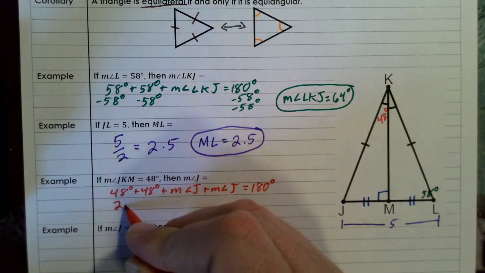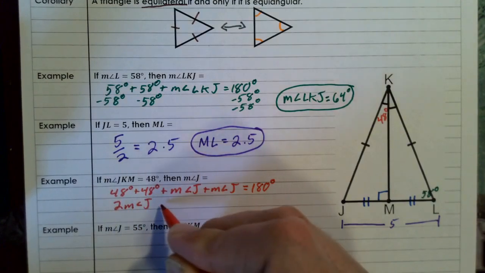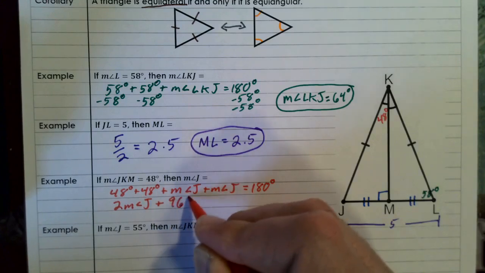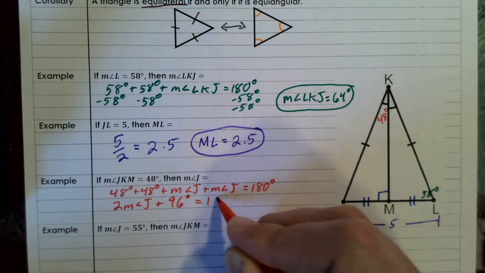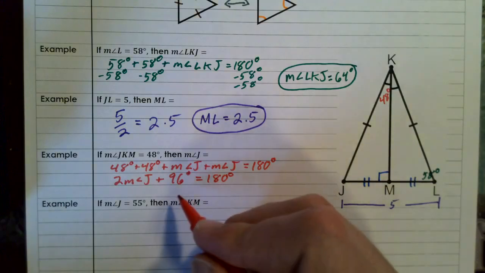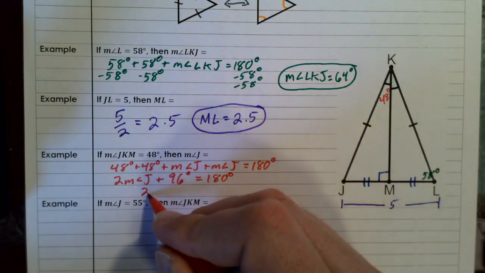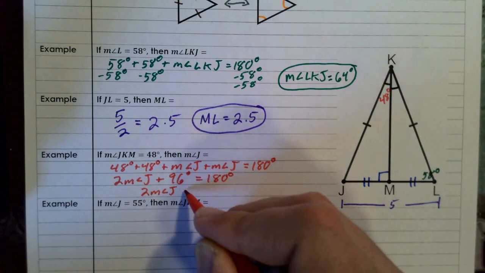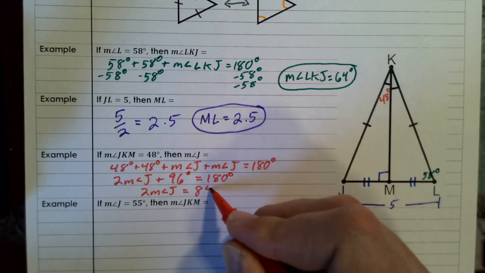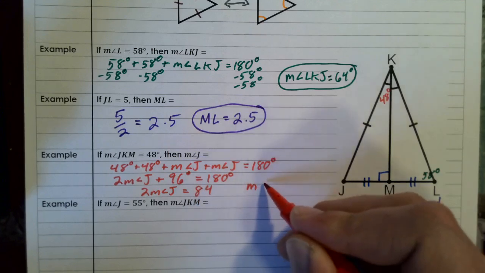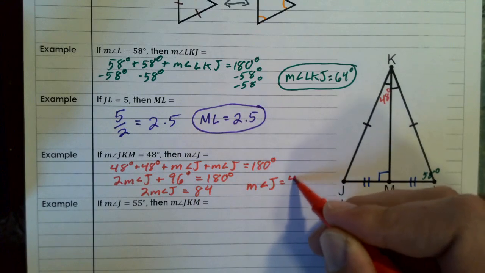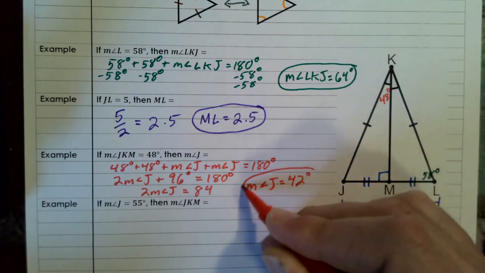So we can say 2 measure of angle J's plus 96 equals 180. Subtracting a 96, we get 2 measure of angle J's equals 84. So if we divide that by 2, the measure of angle J has got to be 42 degrees.